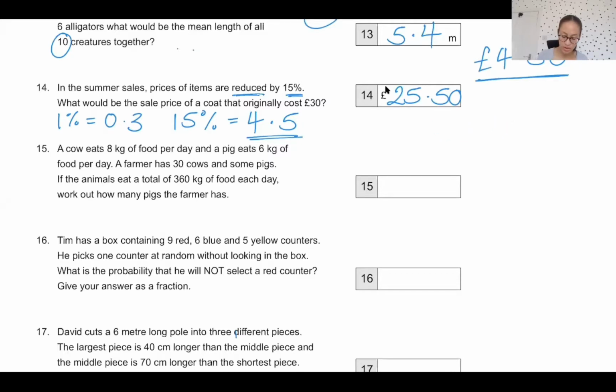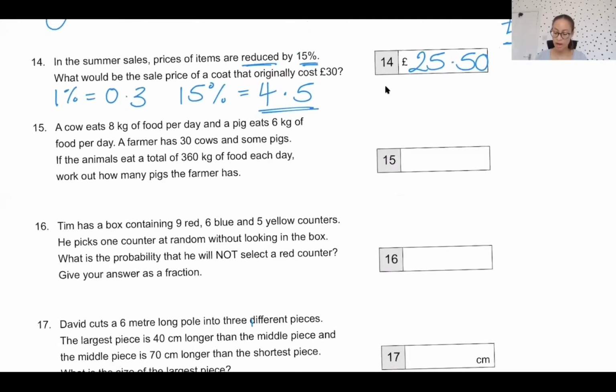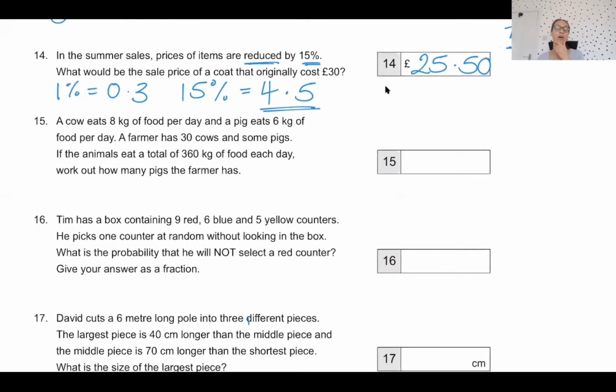Okay, next one. This is a straightforward arithmetic question. So I would imagine pretty much all of the children sitting the 11 plus should have the ability to work out a question like this. You just have to be careful so that you don't make silly mistakes. So, a cow eats 8 kilograms of food per day, and a pig eats 6 kilograms of food per day. A farmer has 30 cows and some pigs.